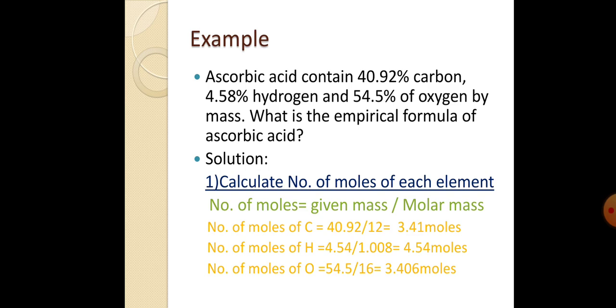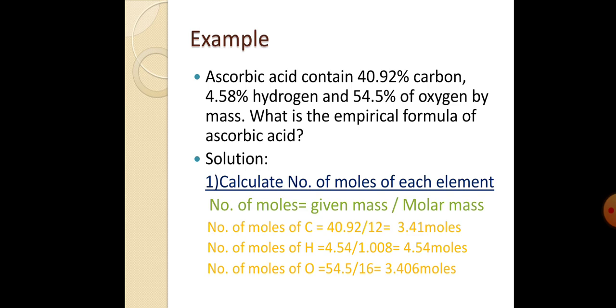As I told you earlier, to calculate the empirical formula, the first step is to calculate percentage composition. Here the percentage composition is already given to us. So the next step is to calculate the number of moles. And to calculate the number of moles, divide the mass of each element by its molar mass.